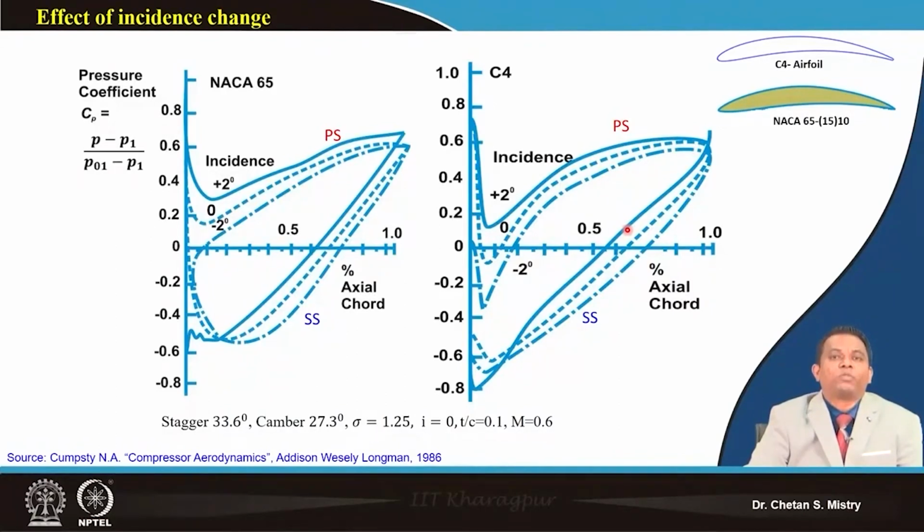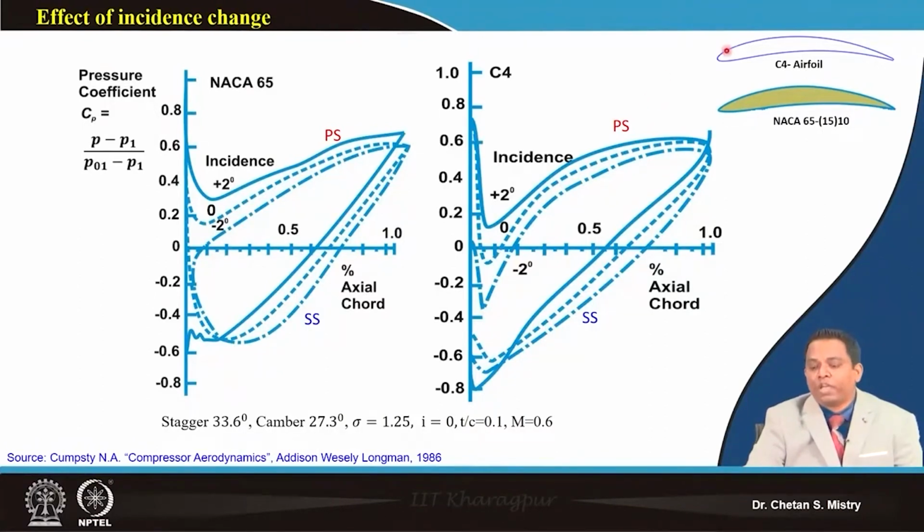It is comparatively less sensitive to incidence angle, and that is what gives it priority. So in most subsonic compressors, people at the initial stage start with the C4 aerofoil or British aerofoil. Many American compressors have the NACA configuration.